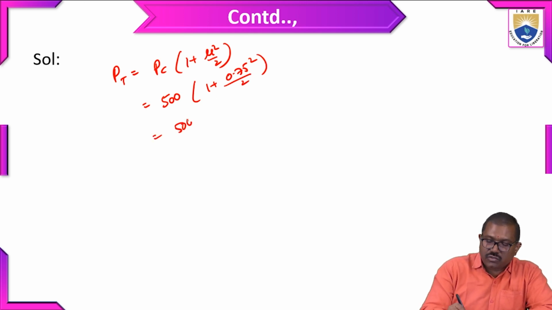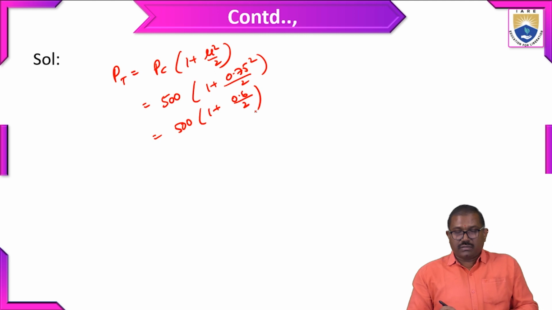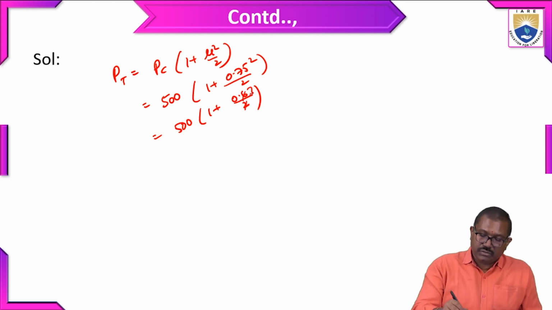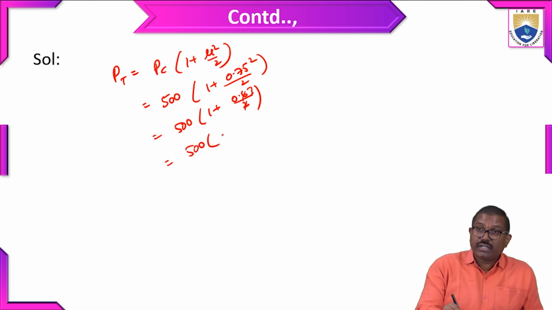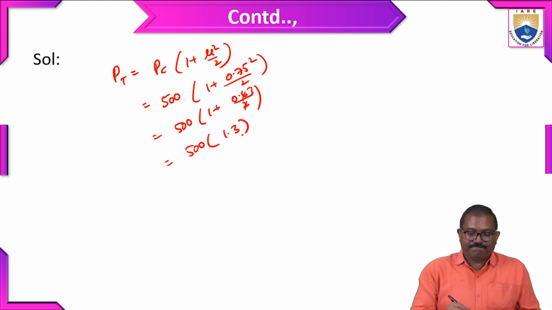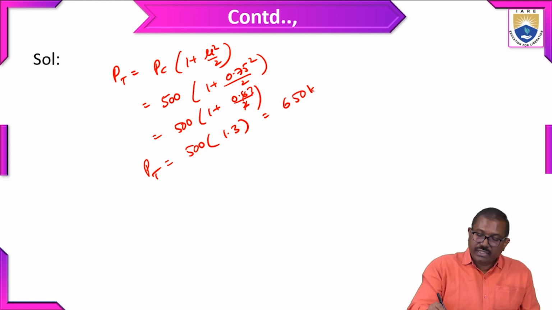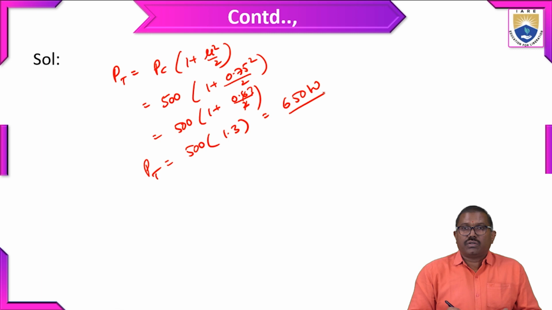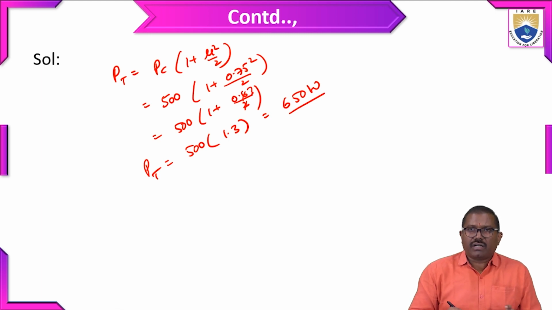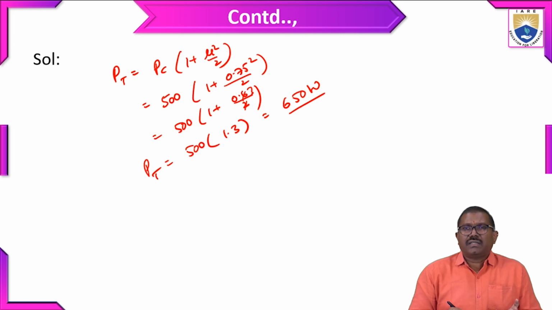By calculation, 0.75 whole square value is 0.56, so 1 plus 0.56 by 2, which is nothing but 1.28, roughly 1.3. So 500 into 1.3, this is my PT. Multiply this and you get 650 watts. So the total power is 650 watts, with carrier power 500 watts and modulation index 0.75.